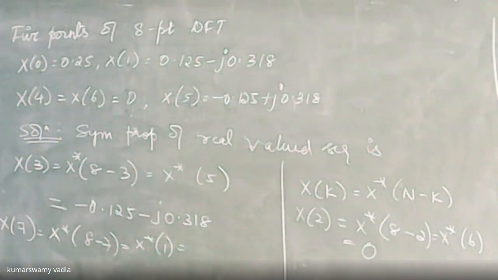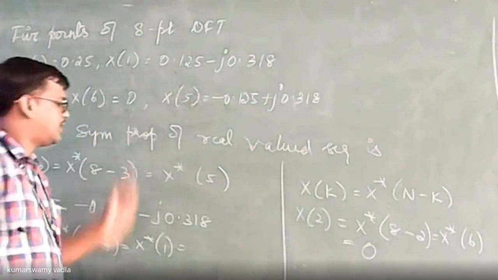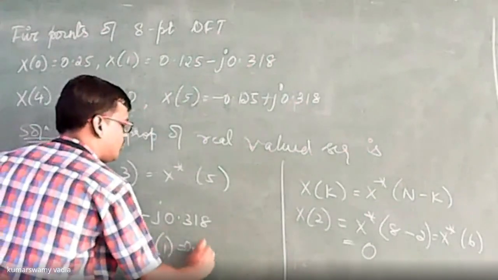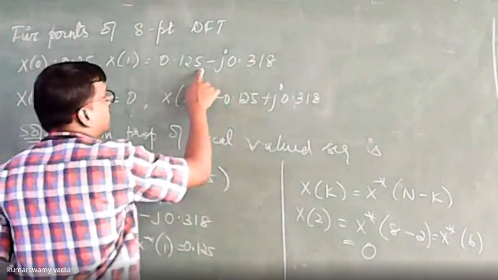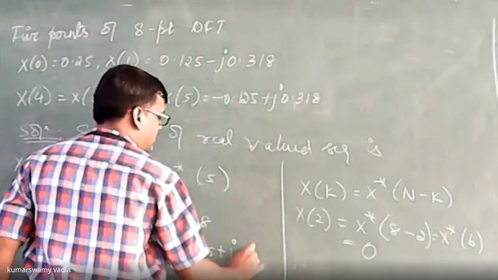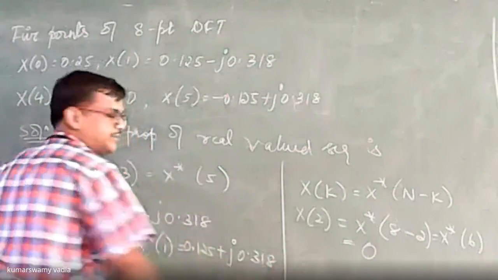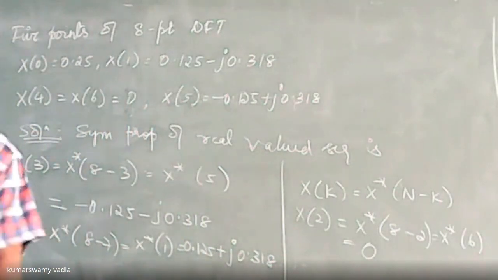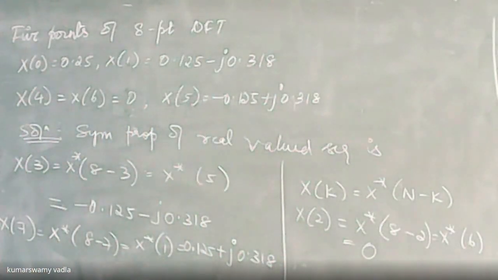What is x conjugate of 1? 0.125. Instead of minus, it will become plus j 0.318. Is the point of discussion clear, students? Is this numerical clear for everyone, students?